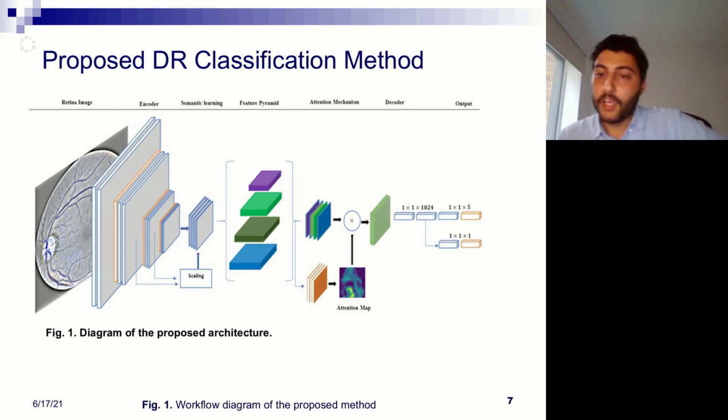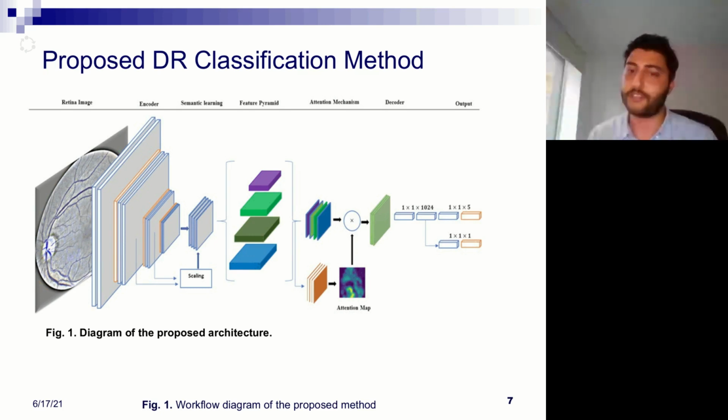In our case, the main objective of the model is to classify the images into classes based on the severity level of the eye. So if it doesn't have retinopathy, it's a healthy image, or if it's not, what are the classes?